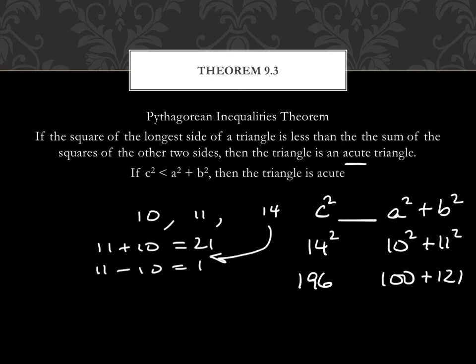So now when I go to add these, I get 221. And I can see that C squared is less than A squared plus B squared, making this acute. So when C squared is smaller, it's acute. We're going to do the same thing for obtuse. If C squared's bigger, then it'll be an obtuse triangle.